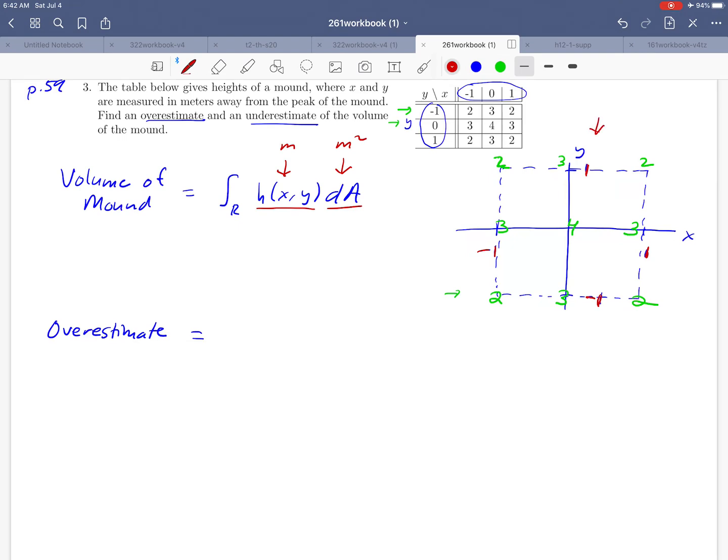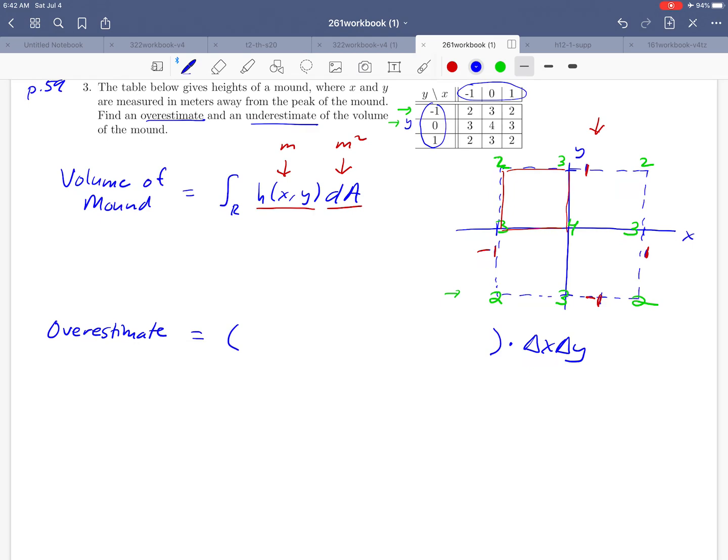We know that the side lengths of all of our squares are going to be 1, so the area of each square is going to be 1. So I'm going to ignore that and put the 1 at the end. This overestimate is going to be a bunch of values of our function times the area of the square, delta x times delta y, which is going to be 1 in both cases.